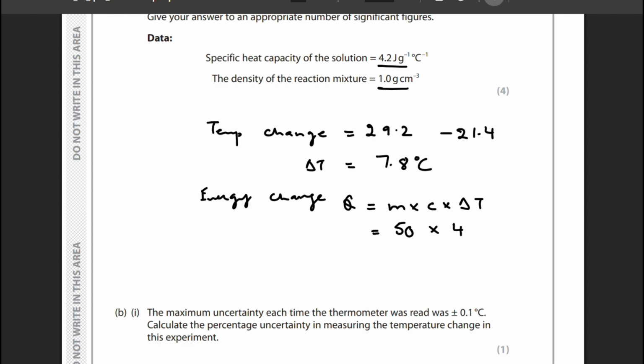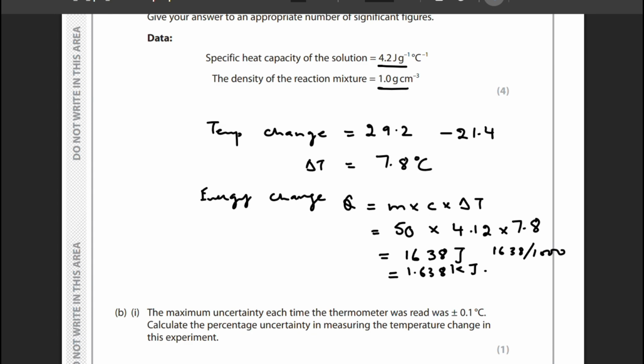Now c, the value of c is 4.12 and the change in temperature is 7.8. So the value will be 1638 joules. And if you will convert this into kilojoules, you need to divide this with 1000. So it will be 1.638 kilojoules.